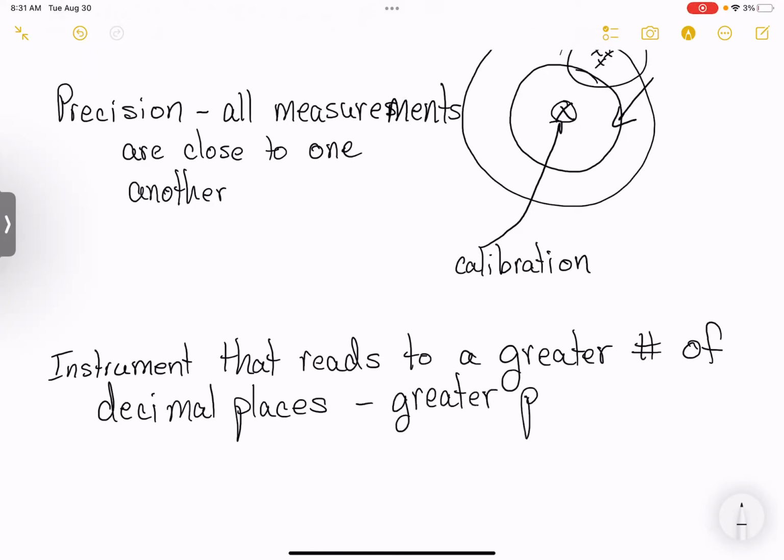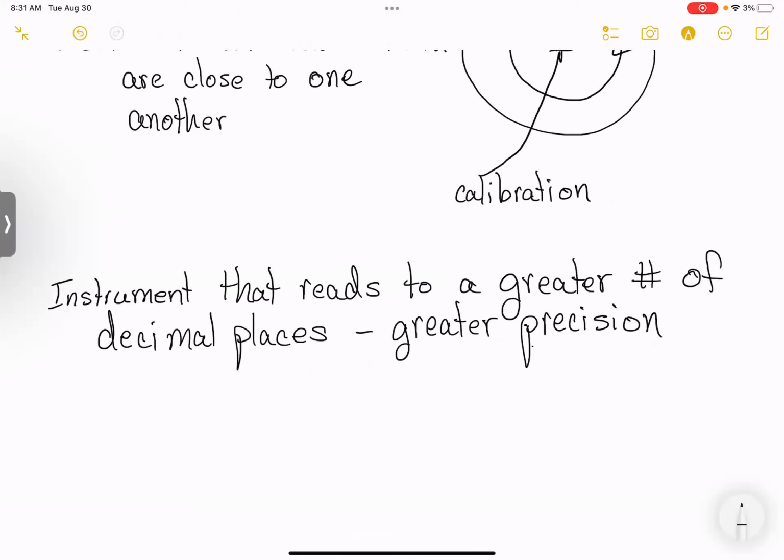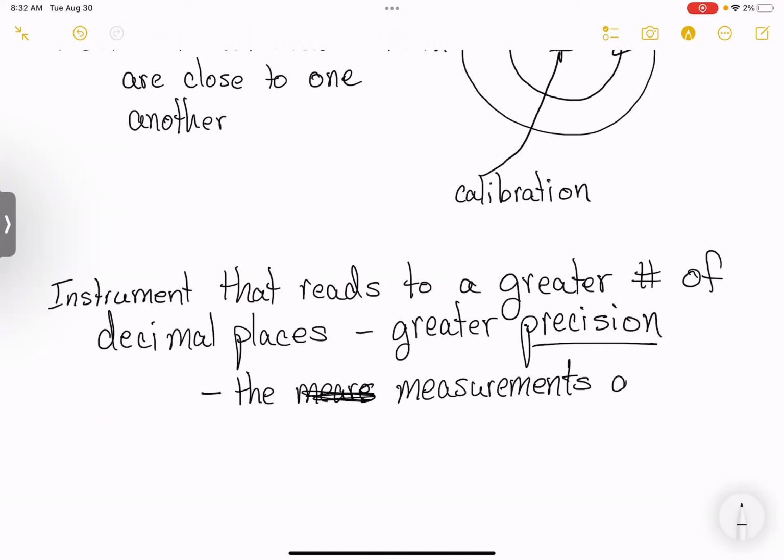And if it's calibrated, it would also give us greater accuracy. But it's going to give us greater precision for certain because you're going to see that the measurements are able to be read closer together.